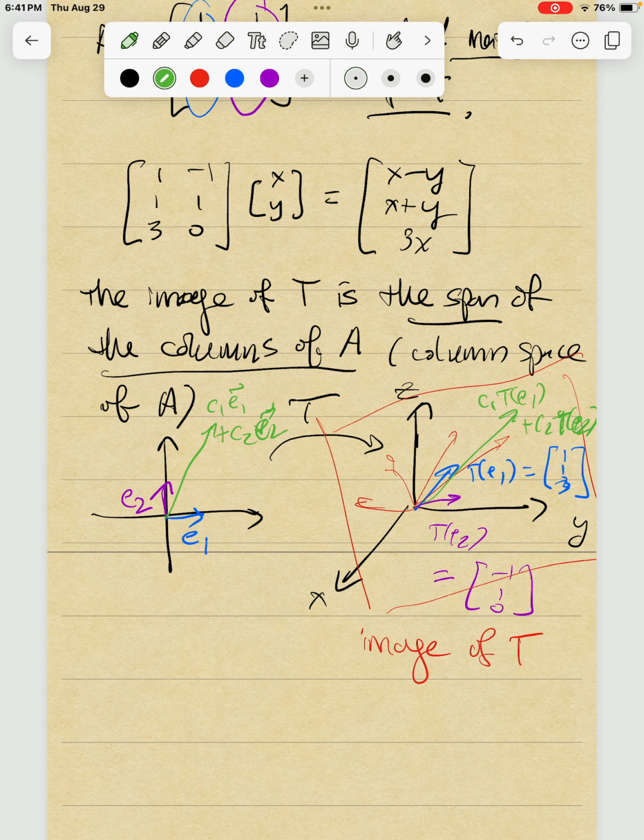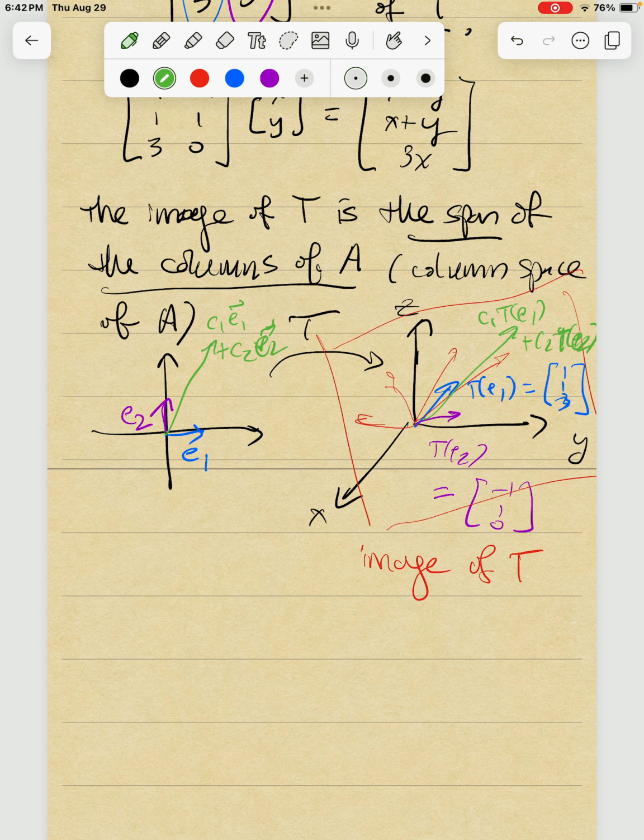Right? So if you take in the domain 1 of the blue vector and 2 of the purple vectors and plug that into T, then the output will be 1 of the blue output vectors plus 2 of the purple output vectors.